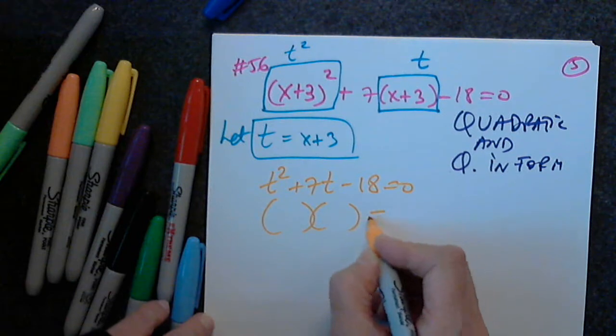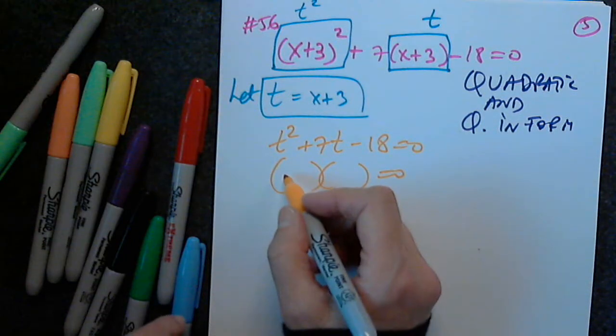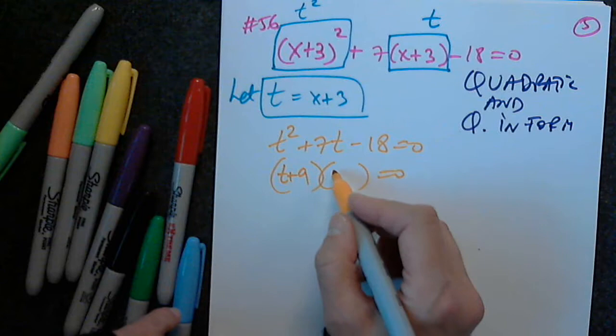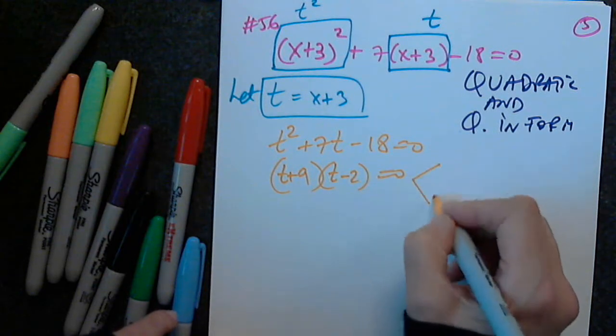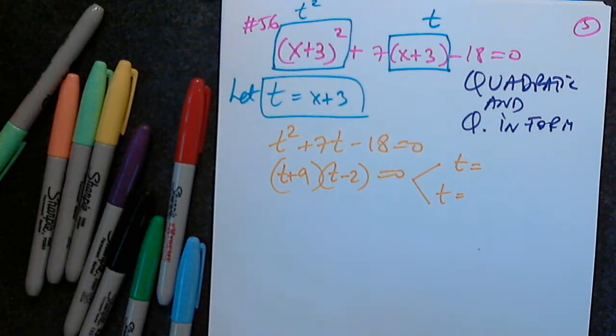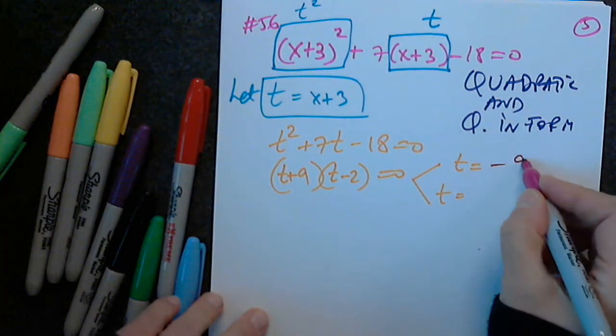This I know how to factor. t plus 9, t minus 2. Excellent. So it appears that we have two solutions. t equals 2 and t equals negative 9.